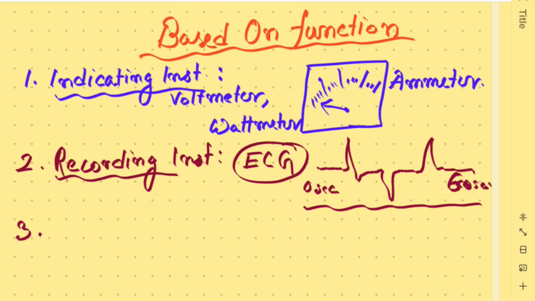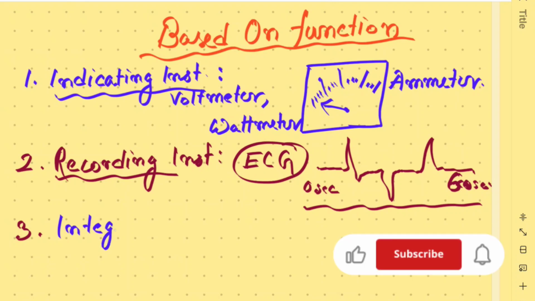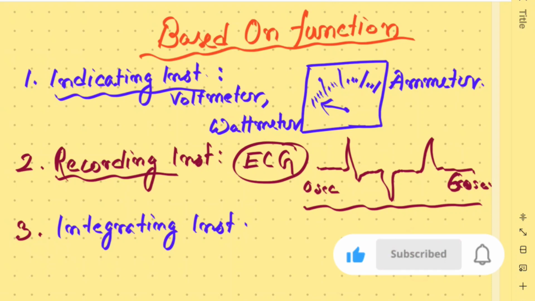The third one is integrating instrument. From the name, integrating means adding. So an integrating instrument adds the quantity and gives some output. These measure the total electrical quantity over time.